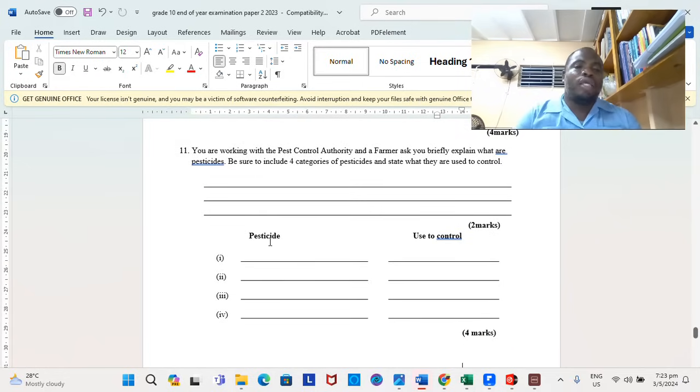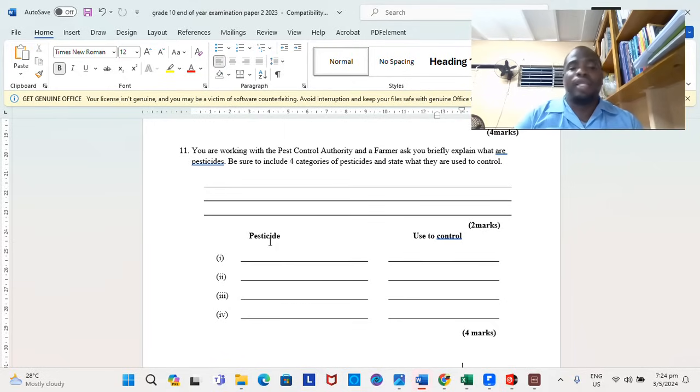You are working with the pest control authority, and the farmer asks you to briefly explain what pesticides are. Be sure to include 4 categories of pesticide and state what they are used for. Now, pesticides are chemicals.